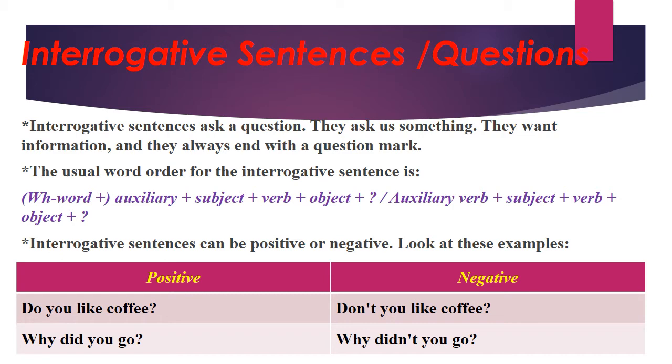Don't you like coffee? So the question is asked in a negative way. Why did you go? It's a question in a positive tone. See the other side. Why didn't you go? It's a question in a negative tone. So we can say that interrogative sentences can be positive or negative.